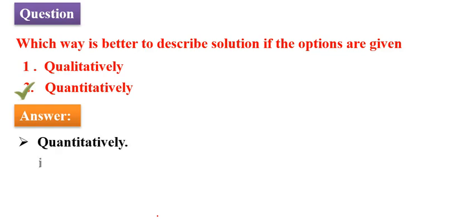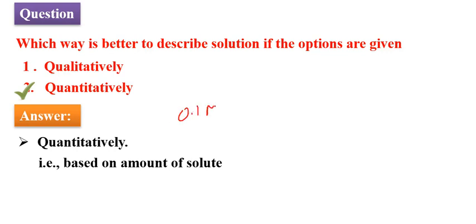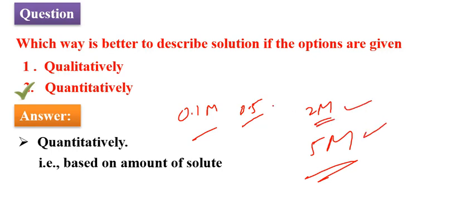Quantitatively means based on the amount of solute we can describe the solution, right? That means 0.1 M concentrated, 0.5 M concentrated, 2 M concentrated, 5 M concentrated, okay, these all. This is the quantitative description.